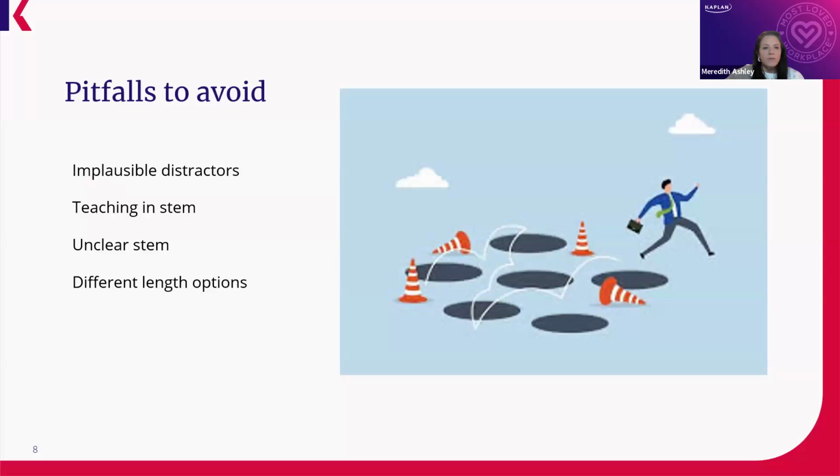Pitfalls to avoid. Obviously, the implausible distractors: it's got to be something that we want them to consider if it's going to be a distractor. Teaching in the stem. So that might be something like saying Imodium, a diarrheal medication, that is teaching about that drug in the stem of the question.